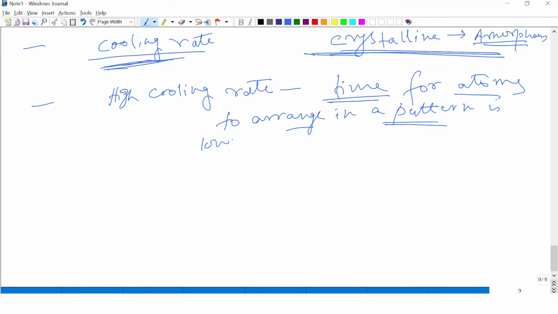So, in order to understand this effect of cooling rate on this transformation, we will have to take the help of a plot known as time temperature transformation diagram, or TTT in short.